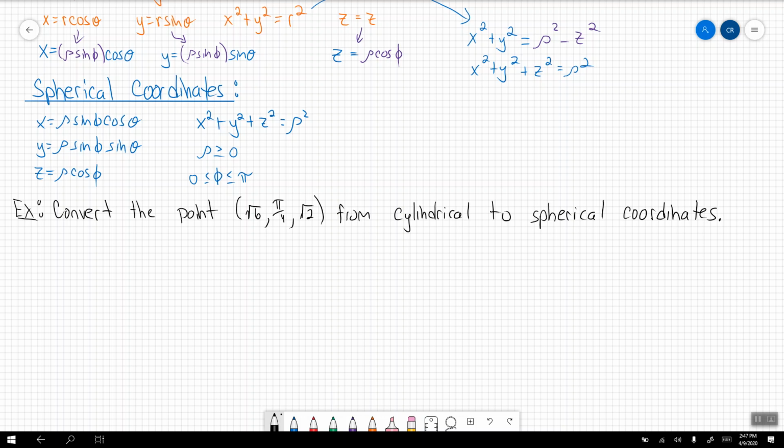All right, let's see what we have here. I'm going to write down everything that I know from cylindrical and everything that I know from spherical. So here goes. I'm going to convert from cylindrical over to spherical.